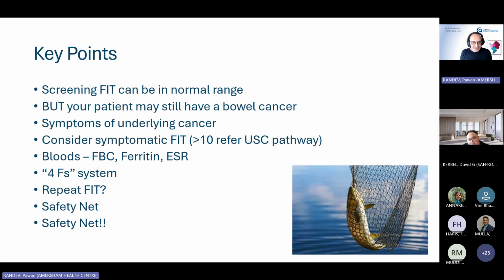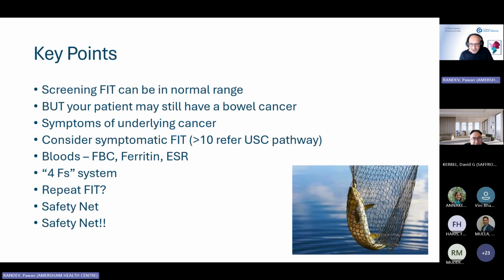What I would say is that if Tom remains symptomatic and if your level of concern is such that you think about repeating the FIT test, for most of us, we think between 4 and 6 weeks after the original FIT test is reasonable to repeat it. And of course, if it's greater than 10 at that time, then you've got a clear pathway to referral.